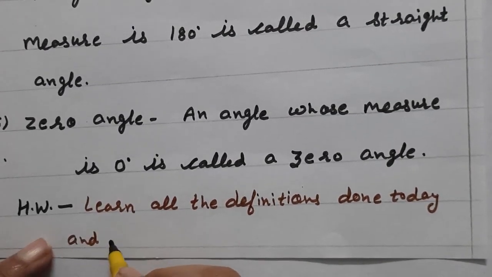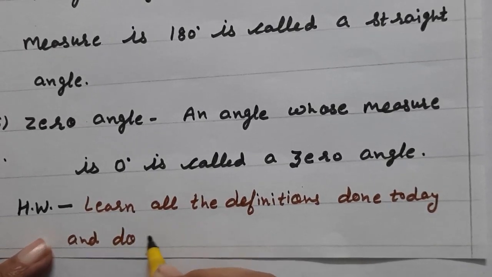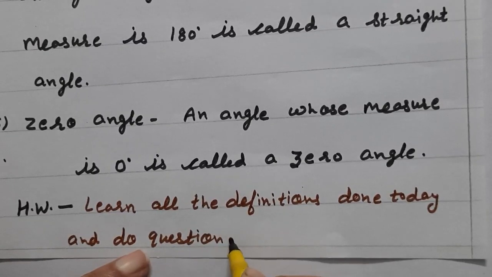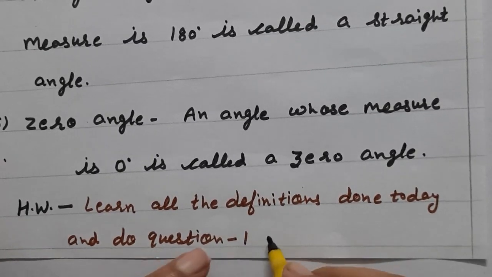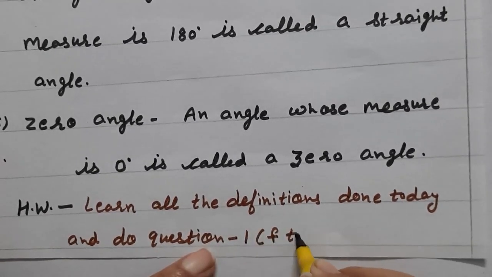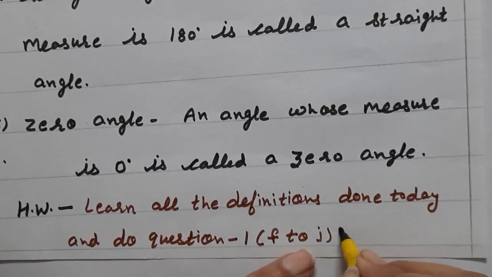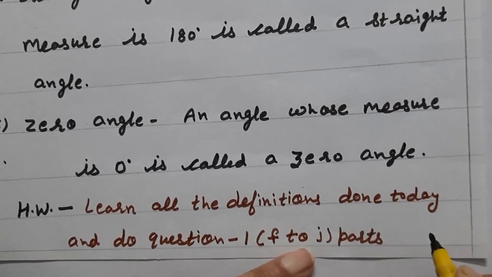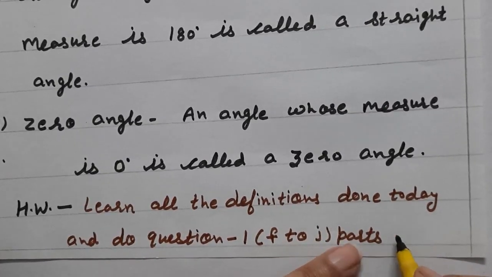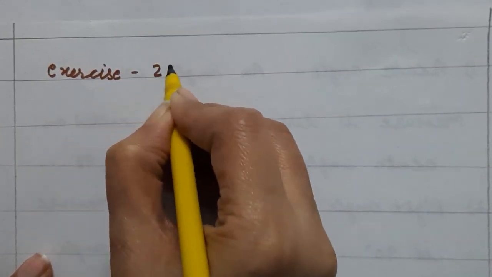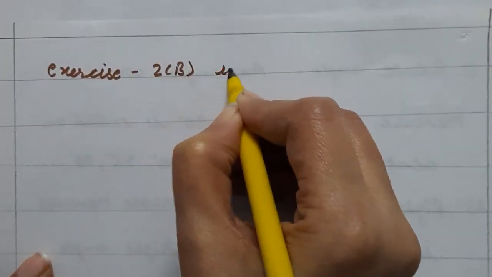And question number 1, F to J parts of exercise 2b in book.